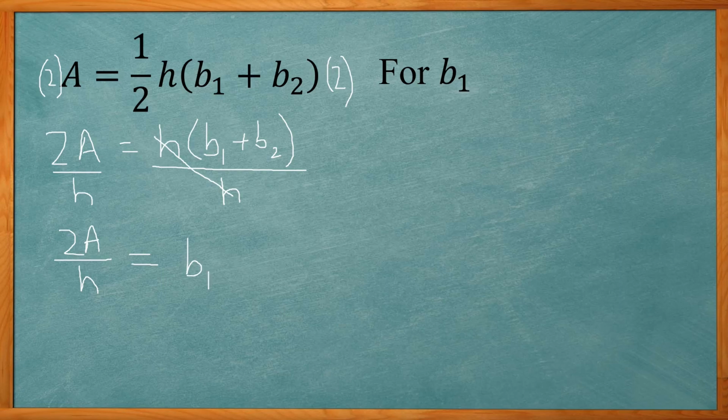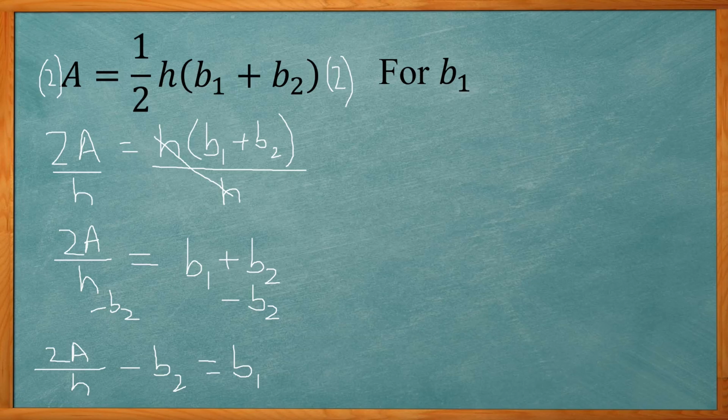So B1 plus B2. I can subtract B2 from both sides. So now I have 2A over h minus B2 is equal to B1.